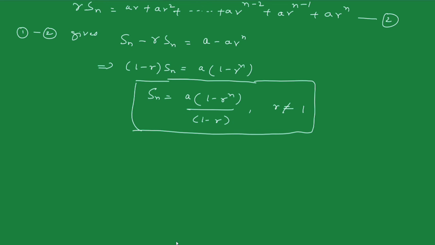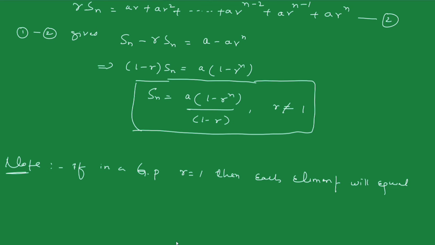So a note is there here. If in a GP r equals 1, then each element will be equal to a.